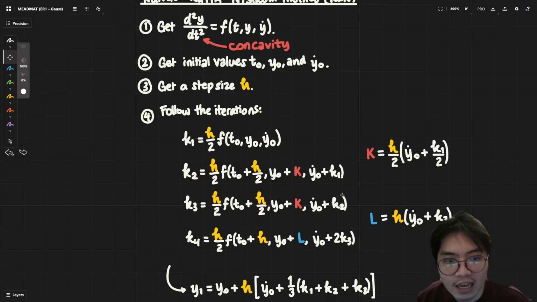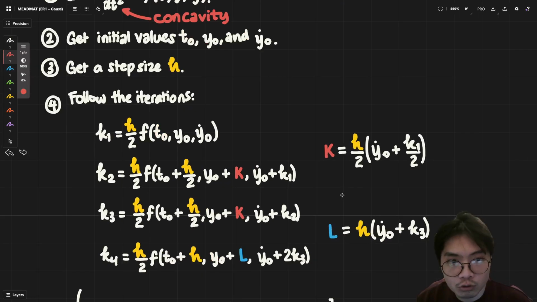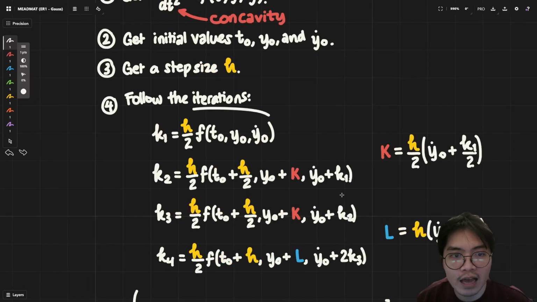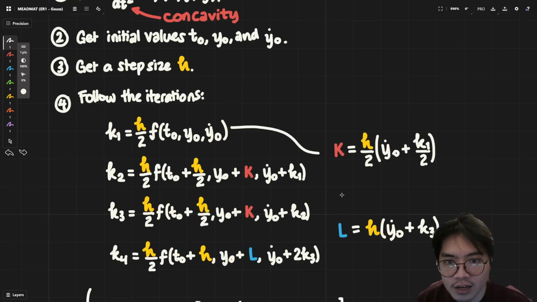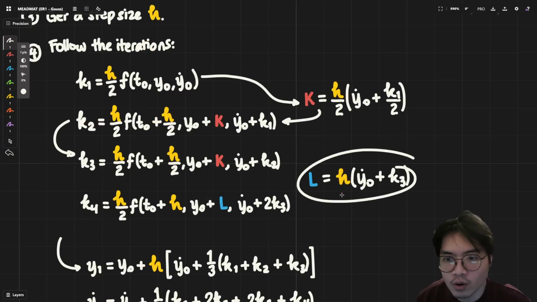Notice that K2 and K3 require knowledge of K, and K only requires knowledge of K1. So first you calculate K1 and then you calculate K. Then you go on calculating K2, then K3. Notice that K4 needs knowledge of L, and L requires knowledge of K3.